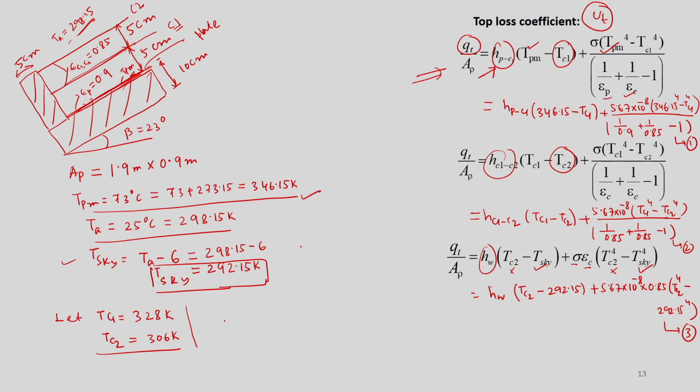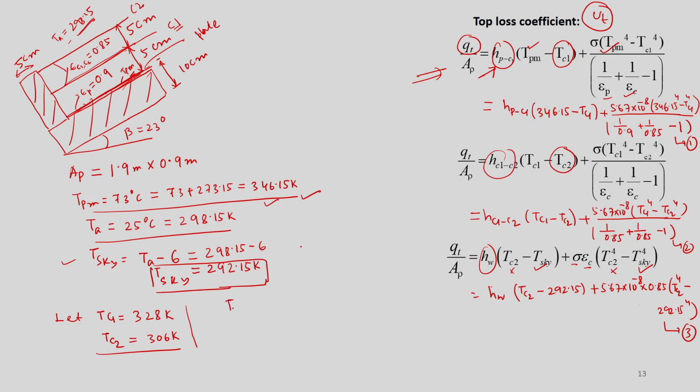Now, what we need to do for calculation of HP1, means now heat transfer coefficient from plate to the cover one, then we need to take average of this TPM and TC1, right.